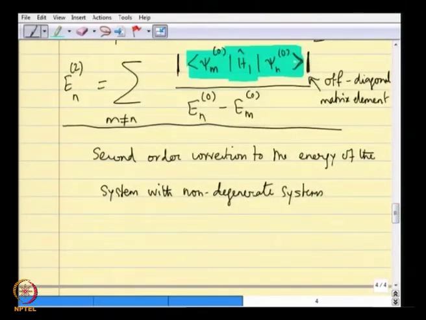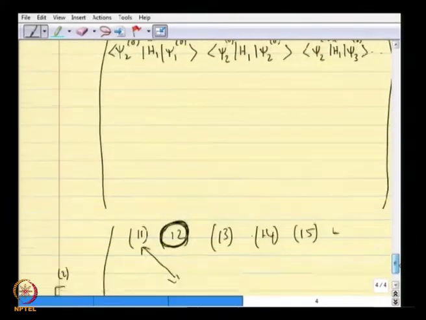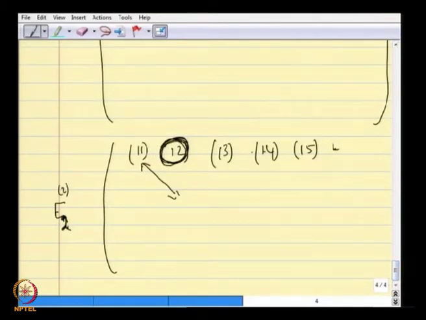If n is 2, 2 is the diagonal matrix element of the 0 order Hamiltonian, second row second column, so it is 2 2. This is the first row first column 1 1. So it involves the difference between the two energies and the corresponding off diagonal matrix element, this one.